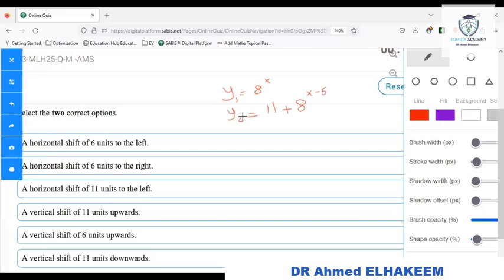So there are two shifts here. How did I know? I know that because there is a shift in y. Let me remind you of something.